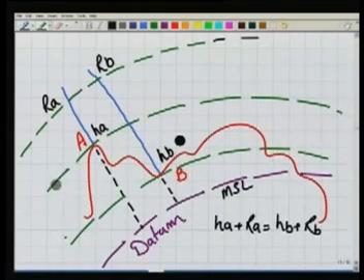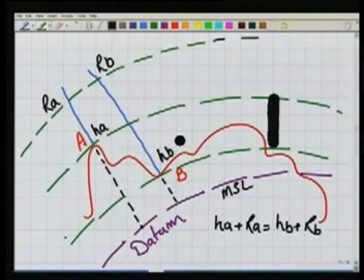Similarly, passing through A, this is also a level surface. The difference between these two level surfaces will be the height difference between the two points. So we first determine this difference, then apply it on the known HA in order to determine HB.